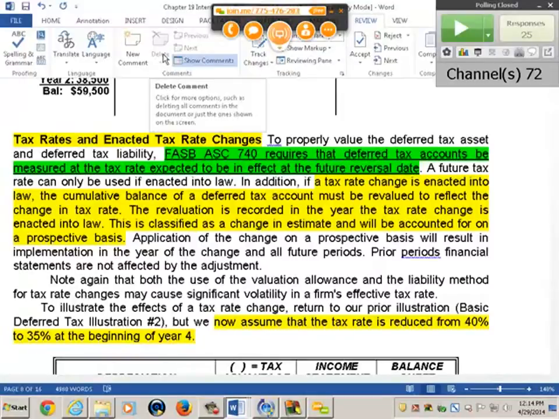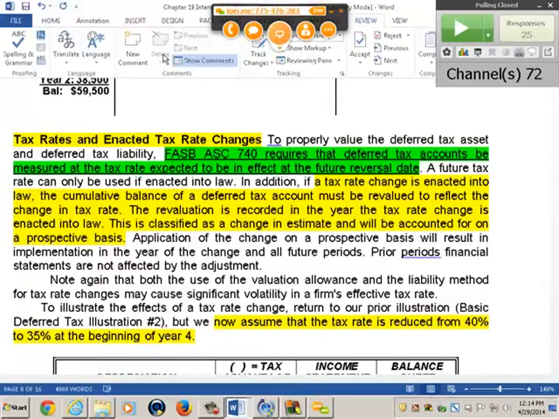So right now, if you were looking at that pension example I gave you, when you take money out of your pension plan, what tax bracket are you going to be in? If you're in a 28% bracket now, when you retire, you might be in a 15. That's the rate you use, the expected rate that will be in effect when you retire. You cannot try to project what future tax rates are going to be.